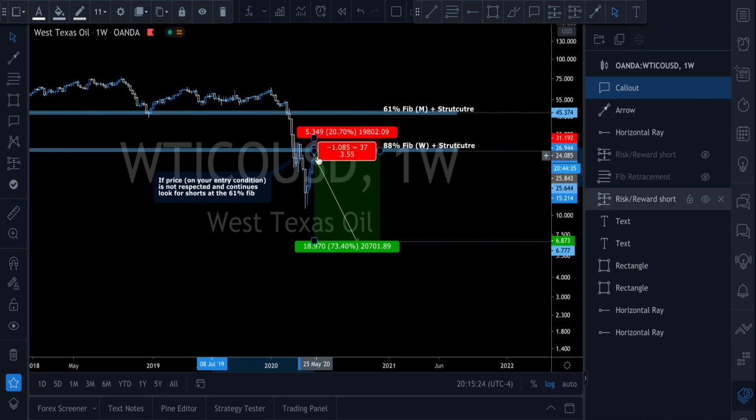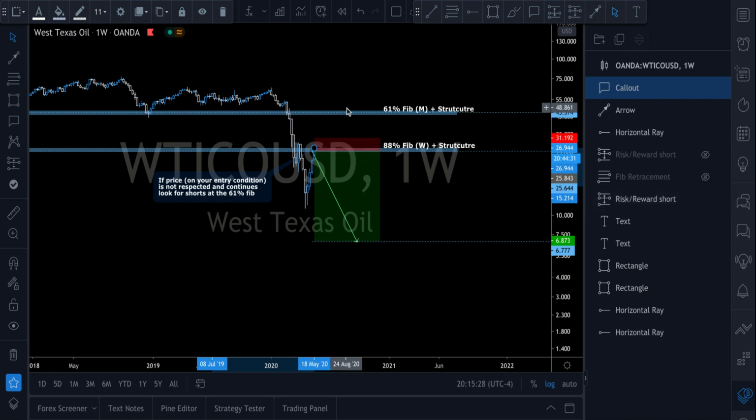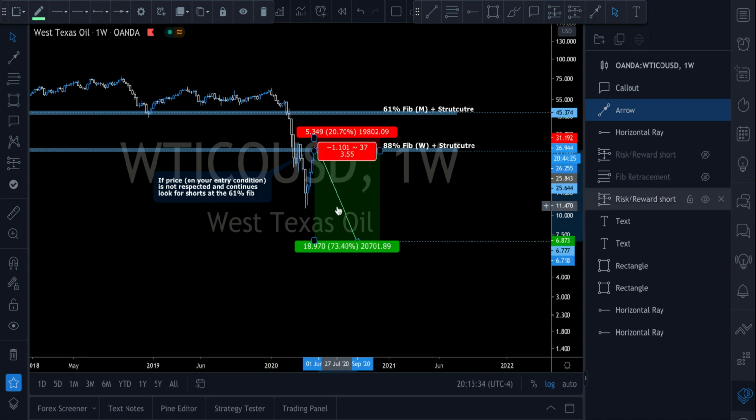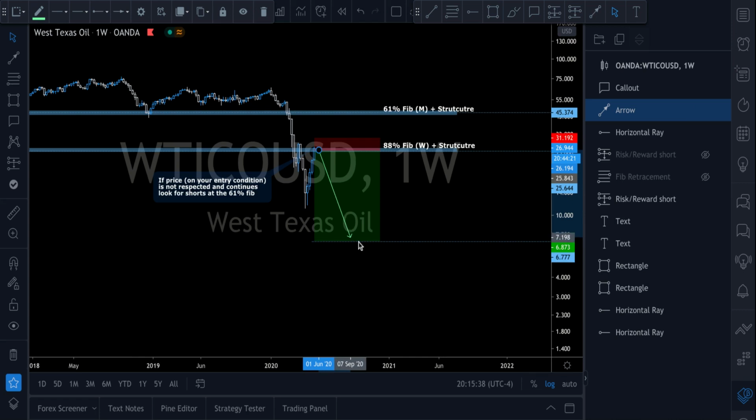So basically, if price is not respecting this area as resistance and it continues to push upward, then we're going to be looking at this area as resistance. But for now, we can start looking at potential areas for shorting this commodity at this area as it is right now on your entry conditions.